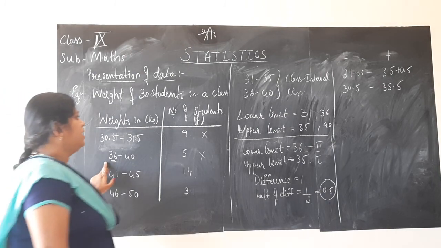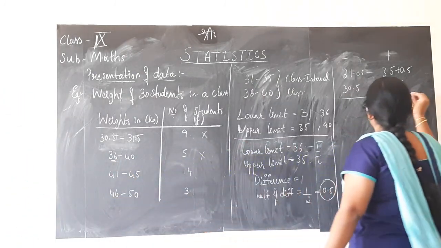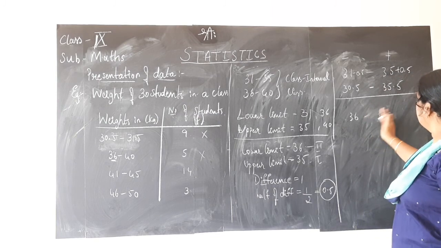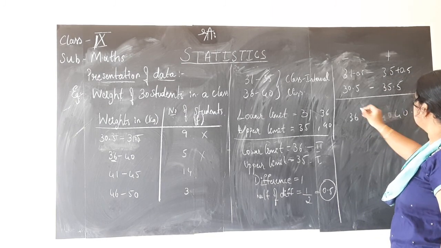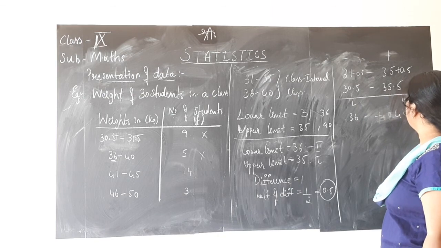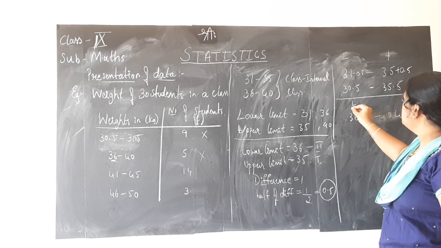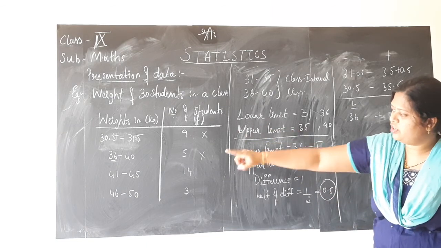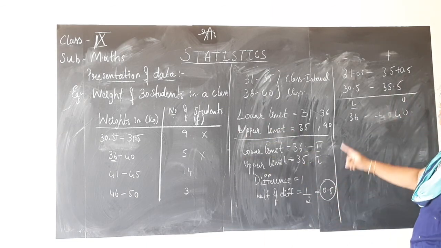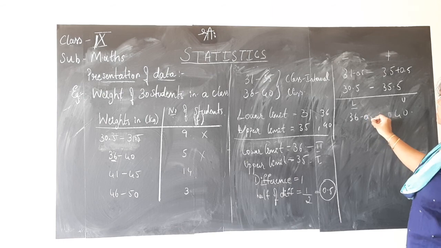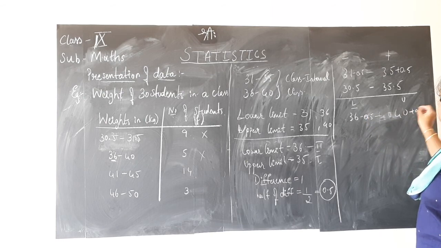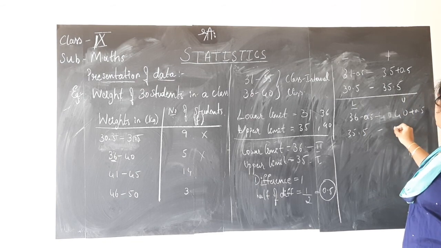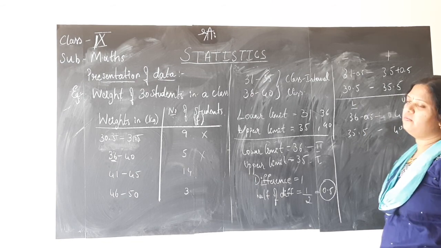Next consider second class interval, that is 36 to 40. So in this 36 to 40, children, 36 is lower limit, 40 is upper limit. So subtract 0.5, the same difference you should subtract for each case. Subtract this difference from lower limit, add the difference to the upper limit. 36 minus 0.5 is 35.5, 40 plus 0.5 is 40.5.